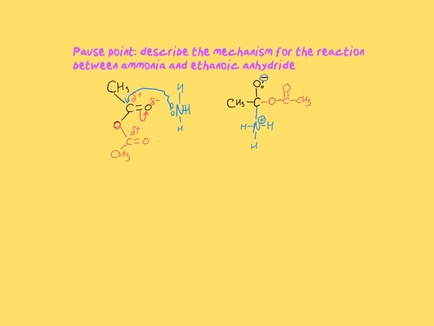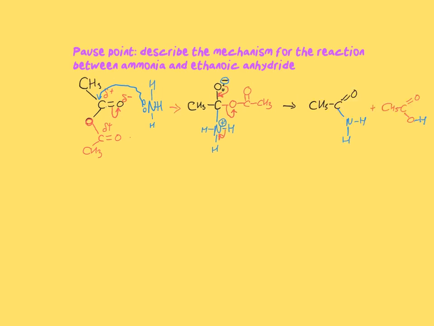Again, the intermediate has a negative charge on the more electronegative oxygen atom and a positive charge on what was the ammonia molecule. This unstable intermediate, a pair of electrons moves down, reforming the pi bond, and the leaving group this time is this part of the acid anhydride, and also a proton is lost.